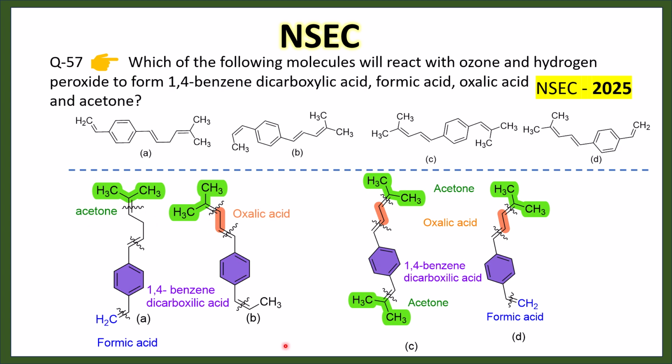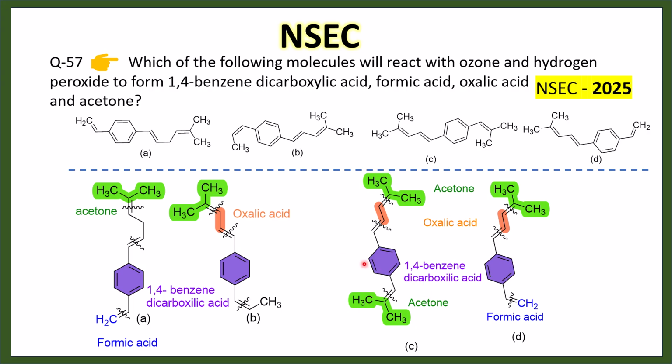So from there we could not find all the fragments. In the second option, we find acetaldehyde, benzene dicarboxylic acid, oxalic acid, and acetone. So formic acid is missing, which means this is not the correct one. From acetaldehyde we get acetic acid but not formic acid.